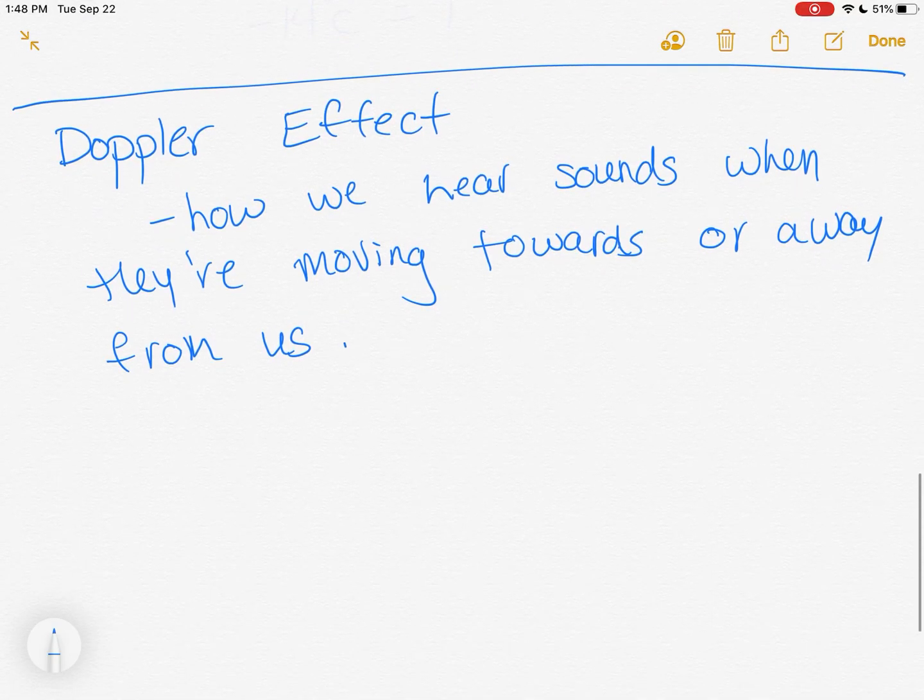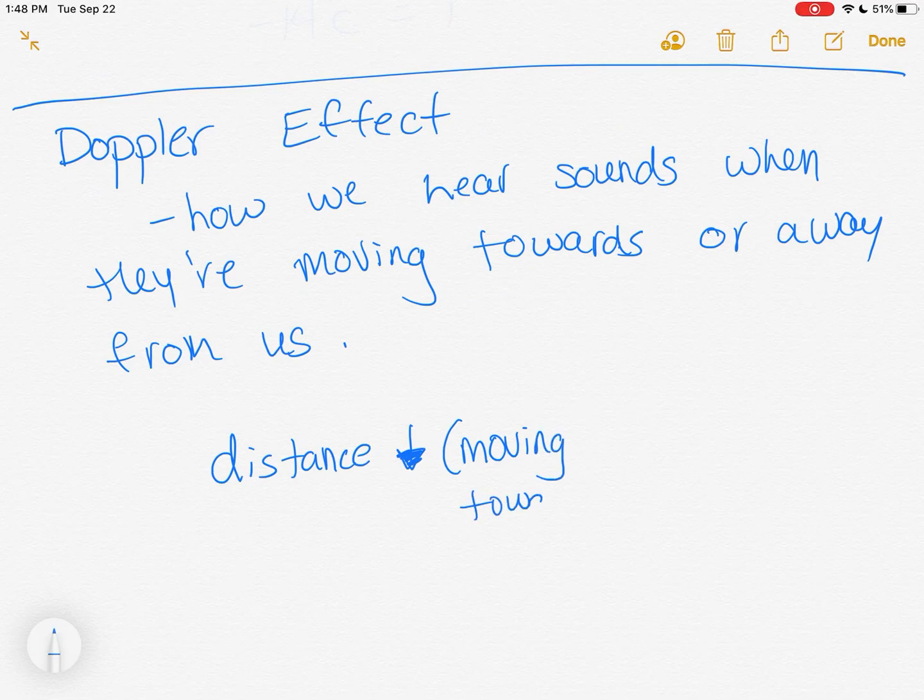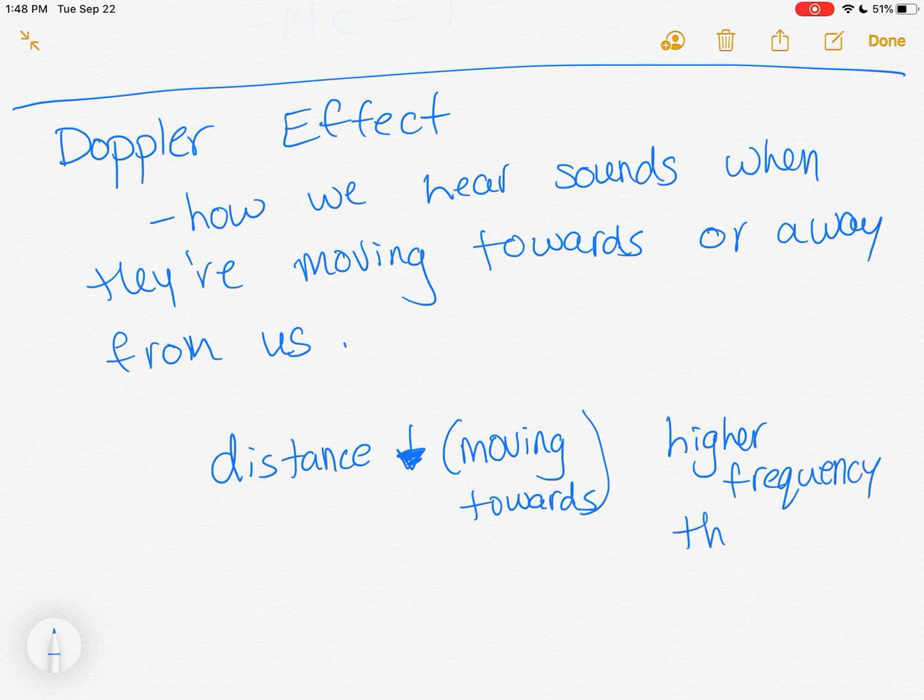And so what happens is that if the distance is decreasing, so that means we're moving towards the sound, then we end up hearing a higher frequency than the one produced.